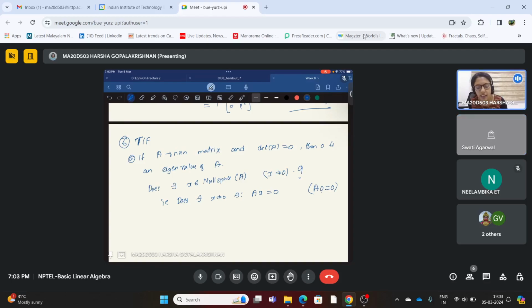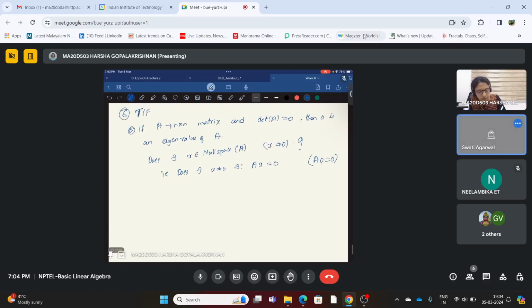Let me ask one question. Suppose A has only the 0 solution, A0 equal to 0 is the only solution. Now, is A invertible?